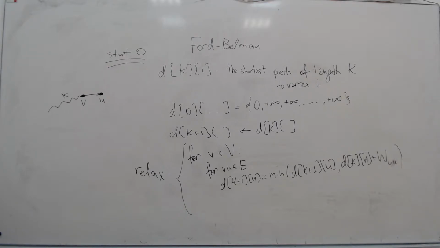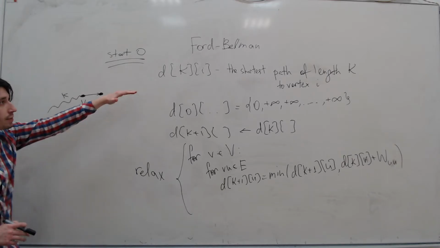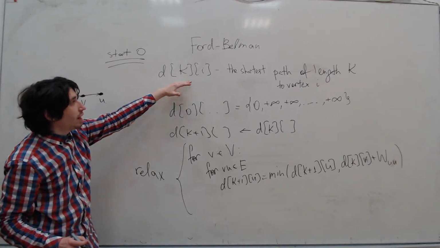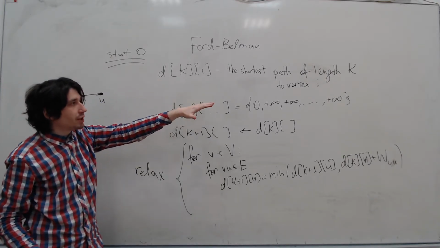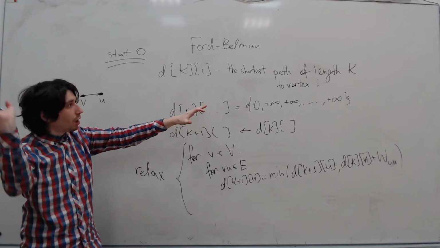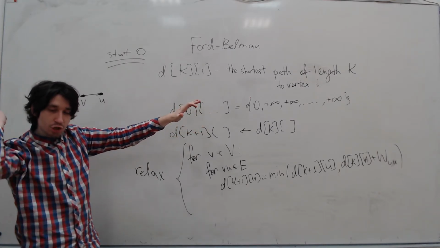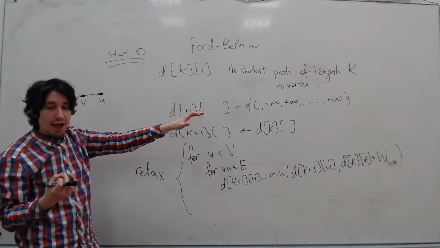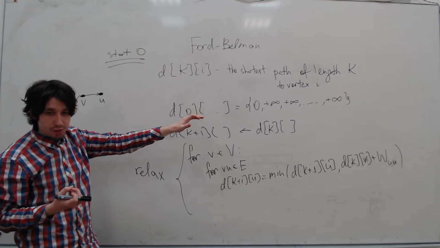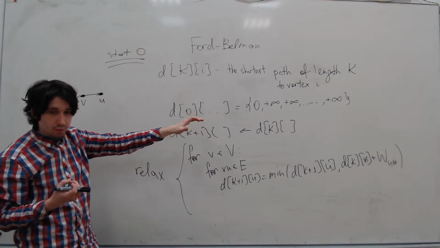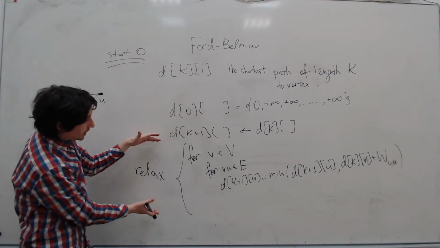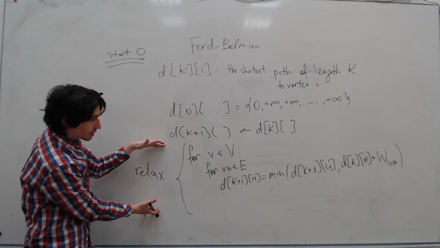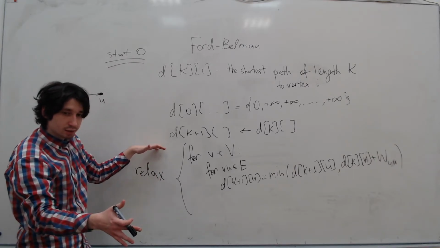Could you please rephrase the question? Okay, the question is, we calculated in dynamic programming so that d k i is the shortest path of length k, okay? We know that each shortest path has at most n minus 1 edges. So how many times should we perform this relaxation?